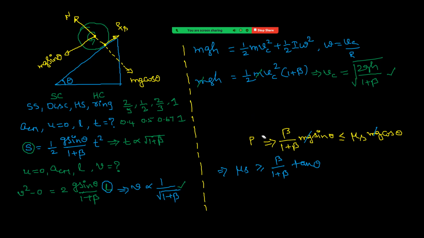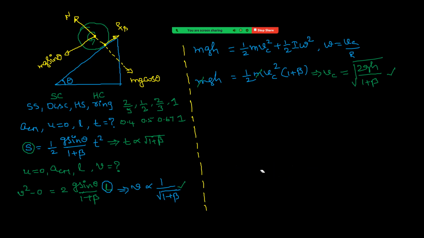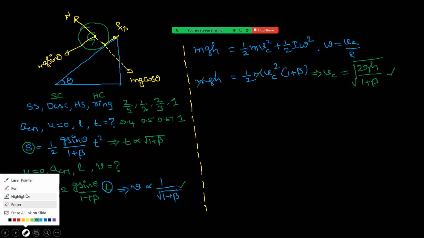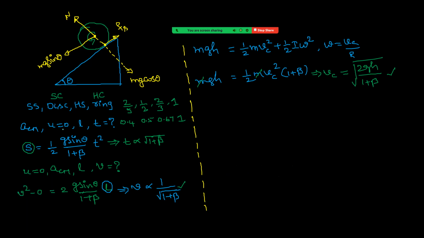Is it down the incline or up the incline? Let us see how to get it. So we want to decide the direction of frictional force when the body rolls up the incline.